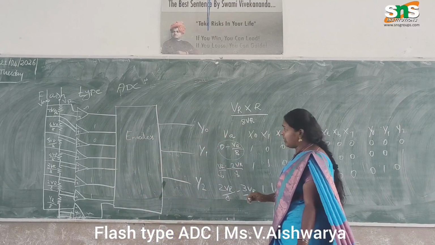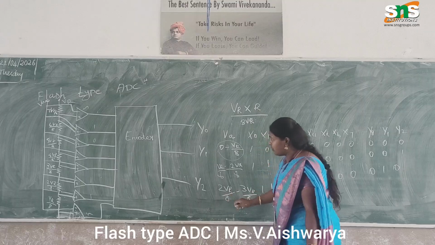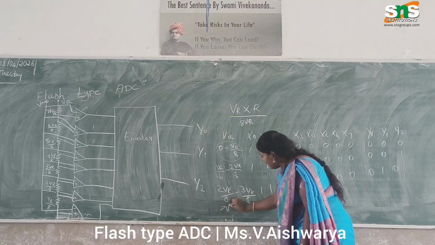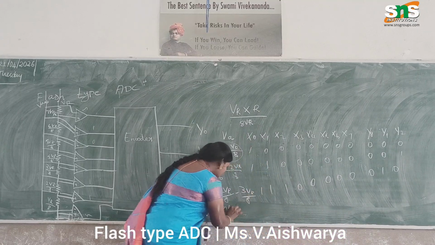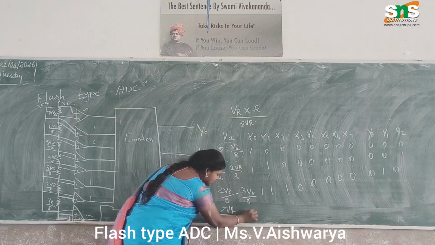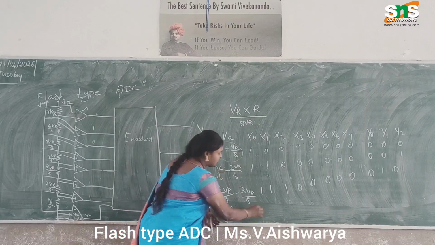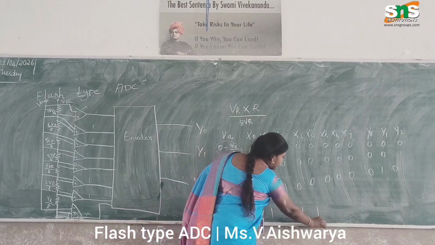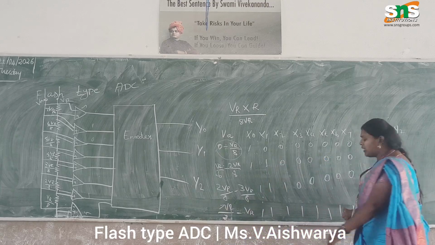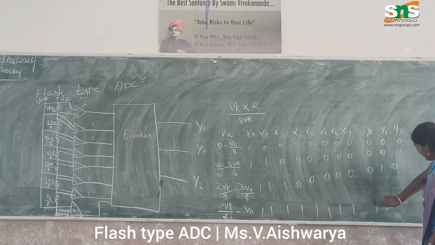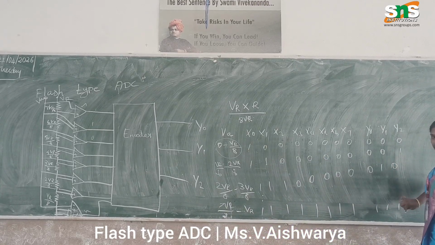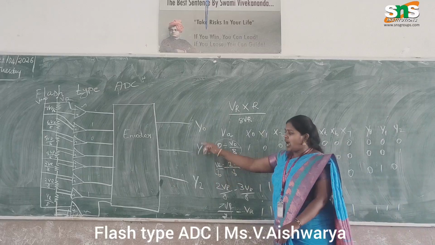At that time the input to the comparators is 7 VR by 8 to VR. In this stage all the comparators are turned on and the encoder output is 1, 1, 1. All three outputs go to the high condition.